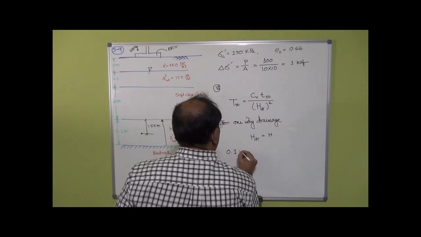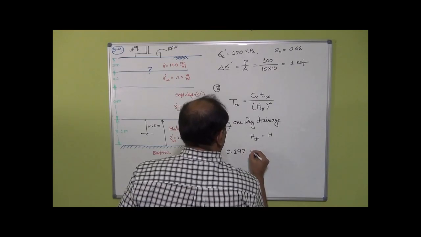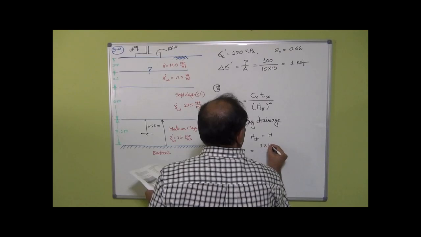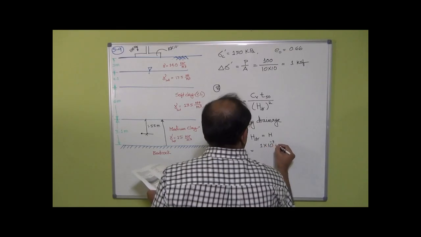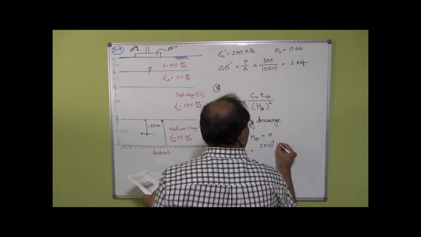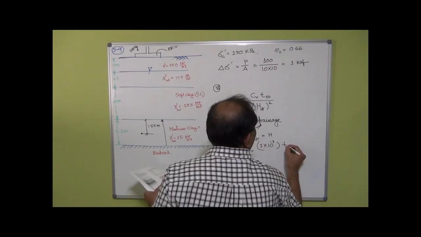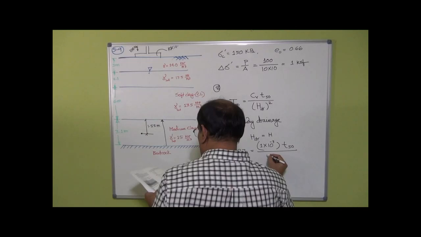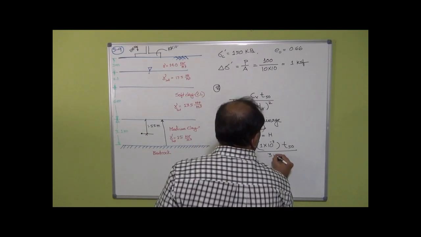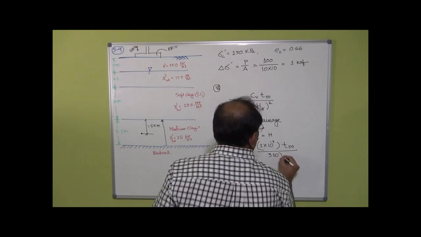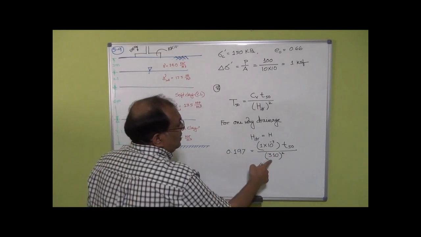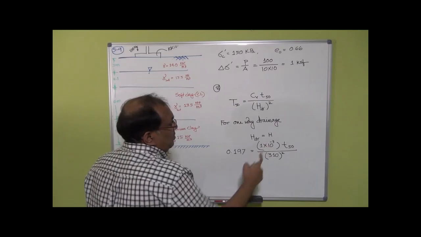0.0197, that's given here, and 1 into 10 to the power minus 3, divided by HDR, which is actually 310 centimeter. I'm changing that one to centimeter because this one is also in centimeter, that's why.